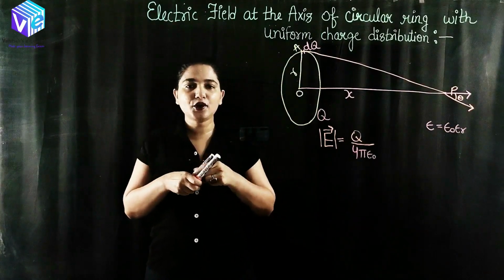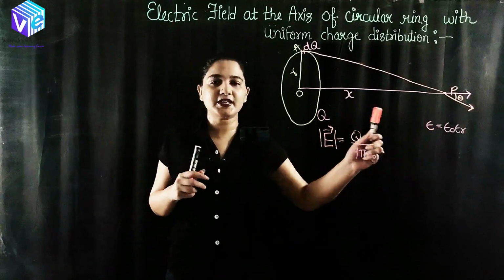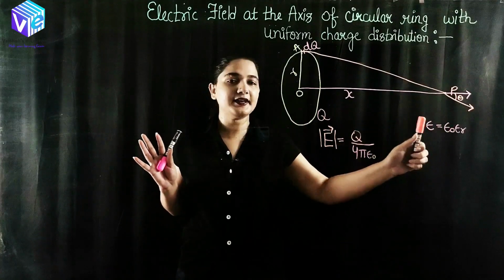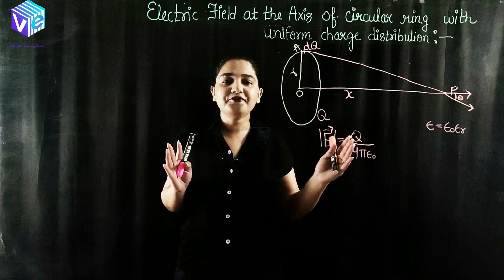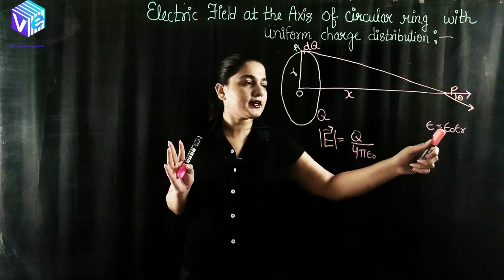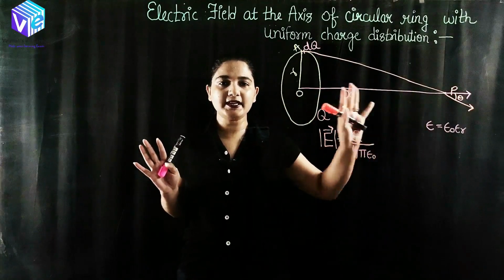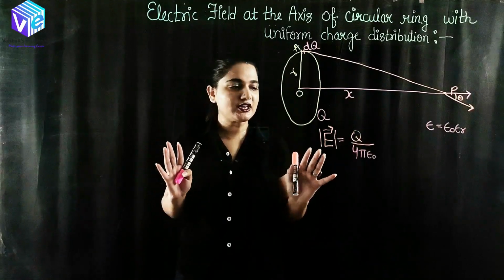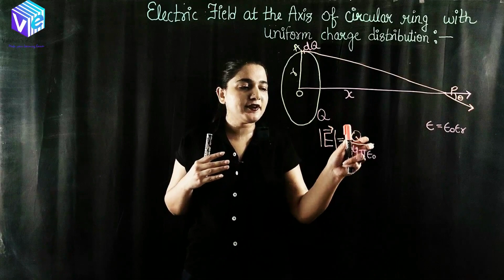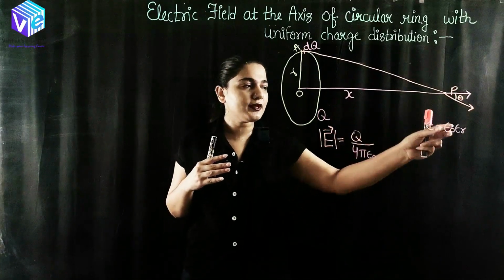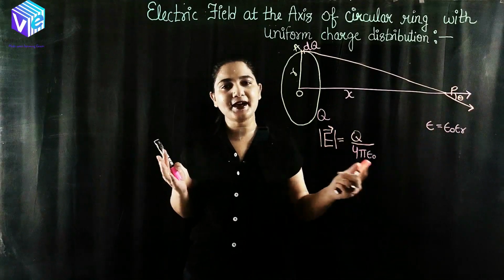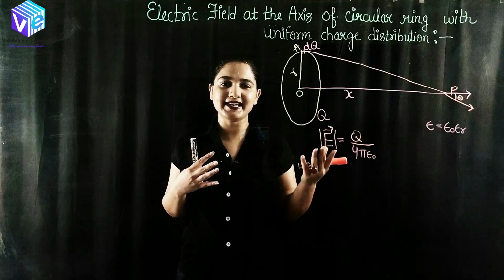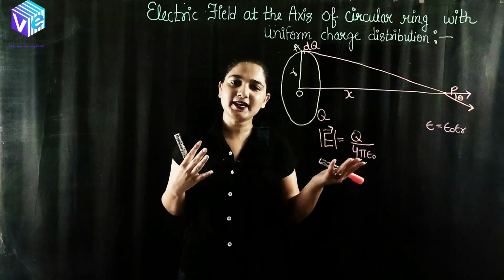Epsilon naught is the permittivity of free space, and epsilon r is the relative permittivity of the medium. We are considering that we don't have any medium, we are in free space. If some medium is given in the question, you find the electric field and divide it by epsilon r, and you will get the electric field intensity in that medium.